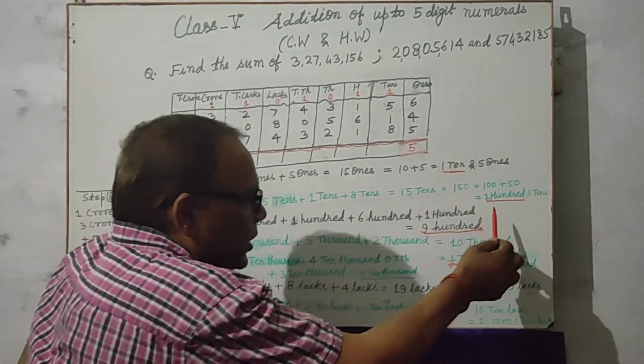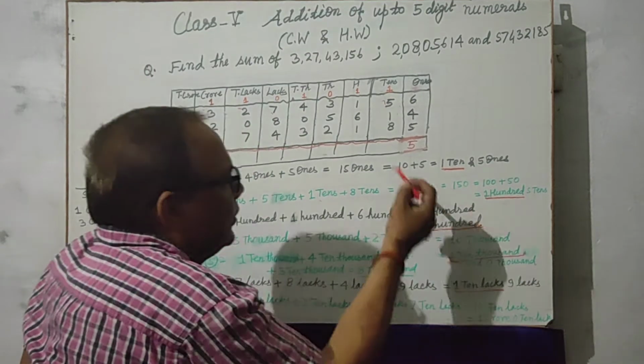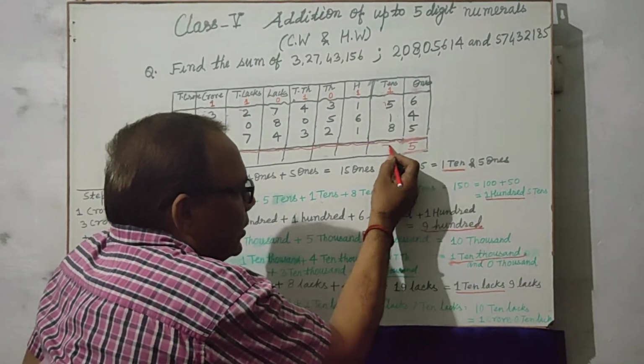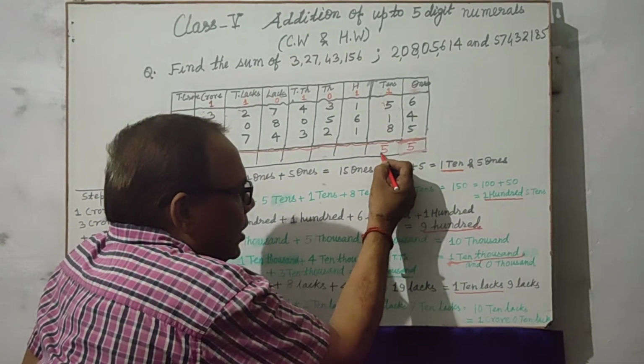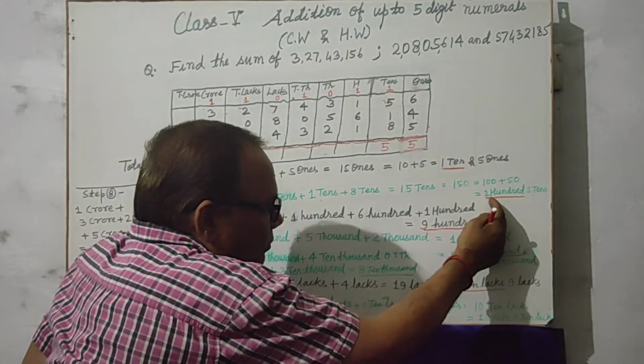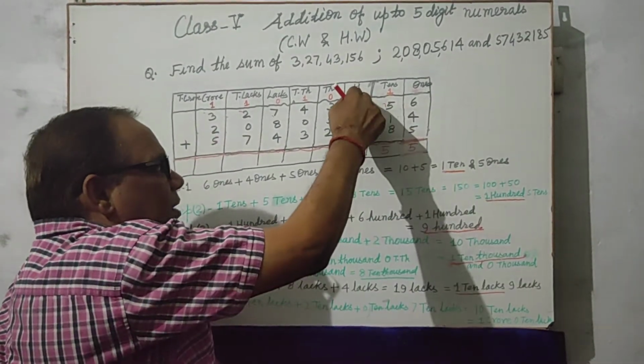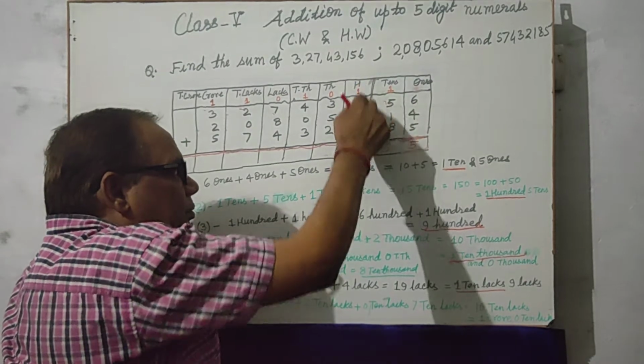Then you can put 5 tens here and carry 1 hundred to the place value of hundreds.